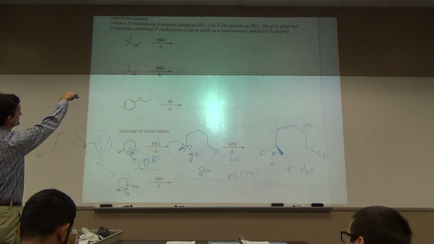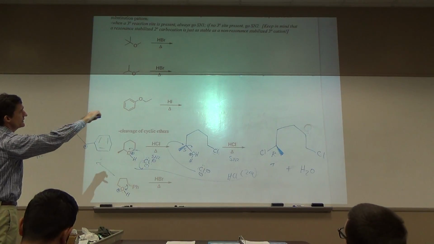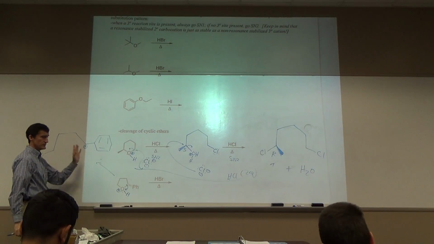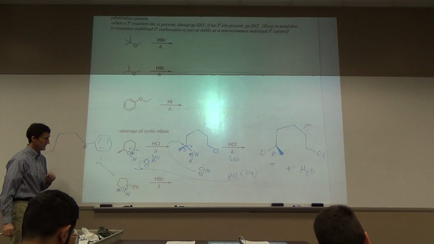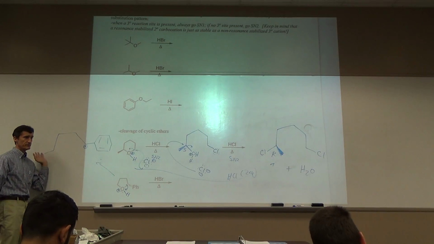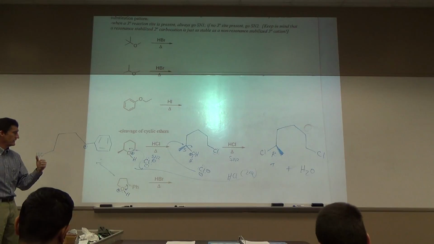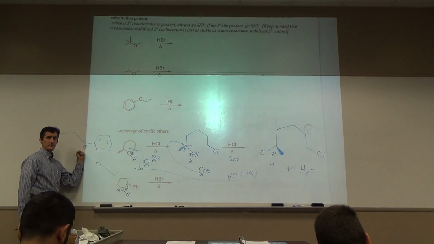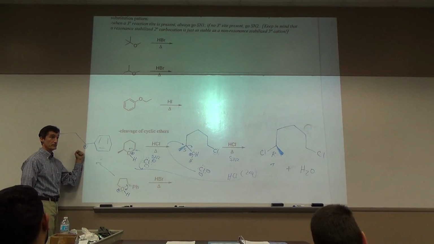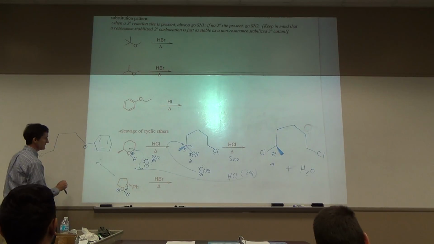Keep in mind that a resonance stabilized secondary carbocation is just as stable as a non-resonance stabilized tertiary cation. So this is an example of considering the resonance. Now this can be hard to predict. You may actually get mixtures of both your mechanisms. But we're pointing out the fact that this cation is not just a plain old secondary cation. It's got some resonance, so it's going to be stable. And so I would predict this.